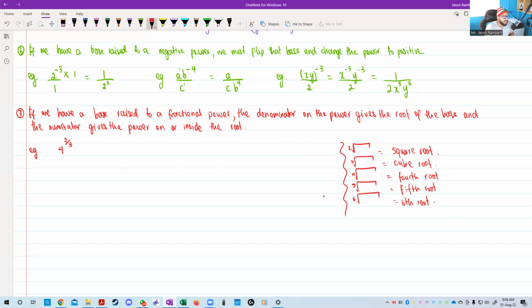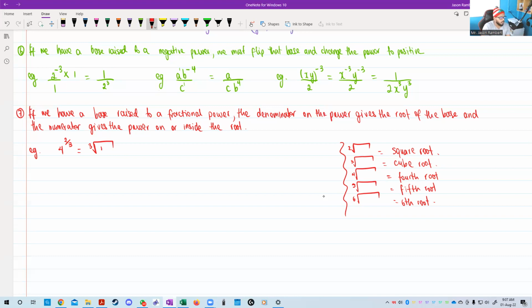So once I see a fraction on a base, I know I'm dealing with some form of a root. So one time I go write down a root sign, and then I'll start to figure out where does what go. Based on the definition, 3 will be the type of root. 2 will be the power inside or outside of the root.